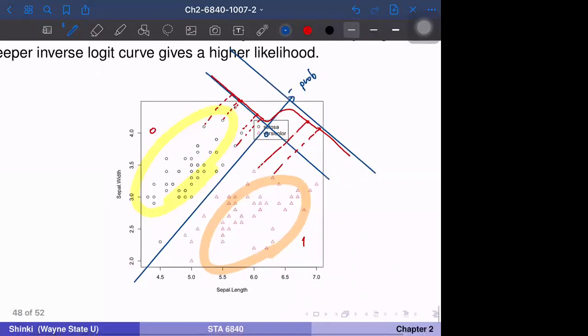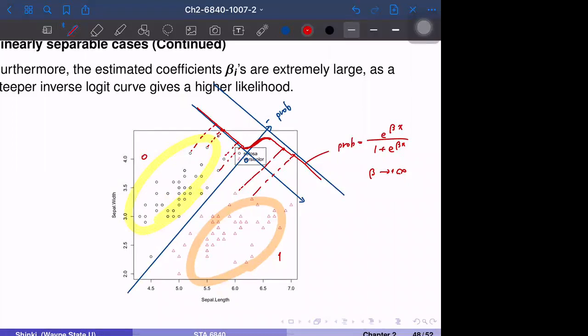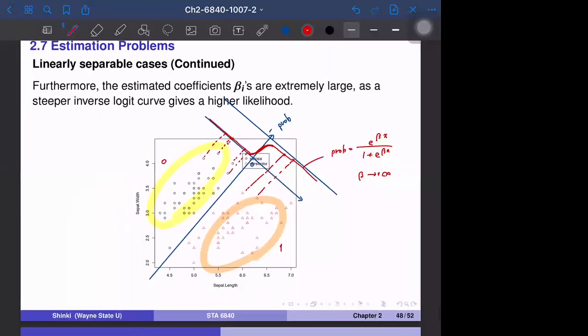The logistic curve is represented by the probability equal to e to the power eta over 1 plus e to the power eta. In this situation, the steeper the slope, the better it is around here. So that means beta goes to infinity. We cannot really estimate beta, and beta diverges to infinity. So we have to solve this problem.